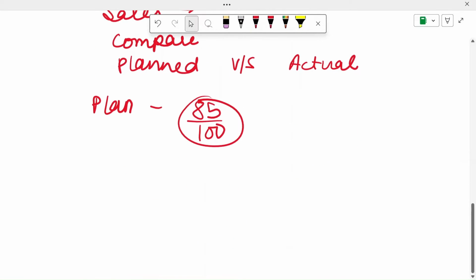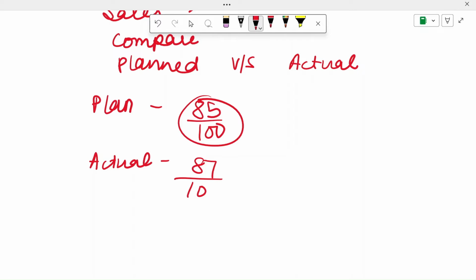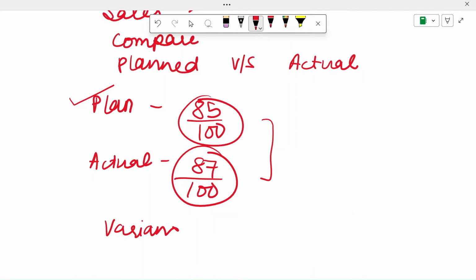However, in the actual result, the actual score that you get on your mark sheet comes out to be 87 out of 100. So that means you have performed well, you have done better than what you had planned or were expecting. So the difference between these is called the variances. Variances is also another very important part of your PM syllabus, gets tested very frequently, and is a very interesting topic.